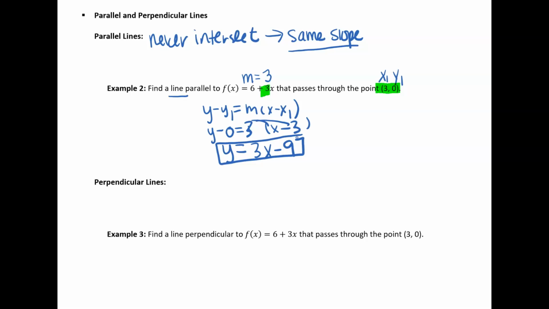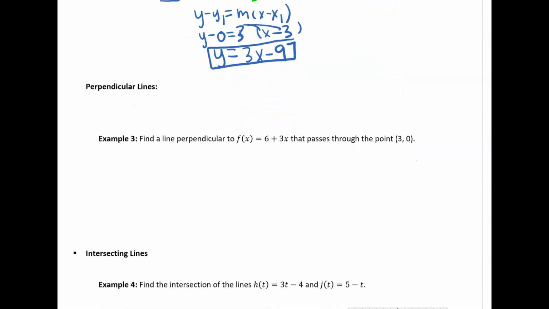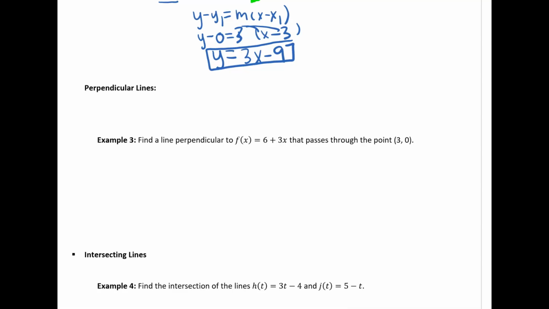So if parallel lines never intersect or have the same slope, then we know perpendicular lines intersect, but they intersect really in a special way. Perpendicular lines intersect at a 90-degree angle. But again, you know what?